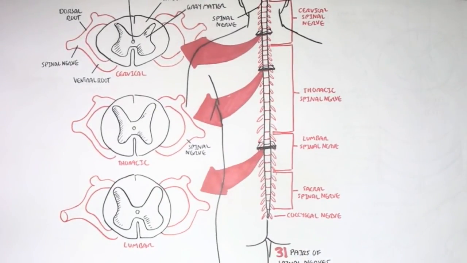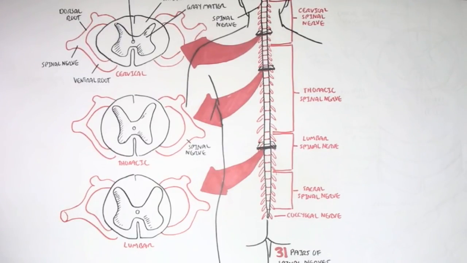Not only that, but the lumbar region has a much thicker gray matter compared to the other regions. So as you can see, the regions of the spinal cord are all different in shape and have different thickness of the gray matter, for example. But all of these regions contain spinal nerves.